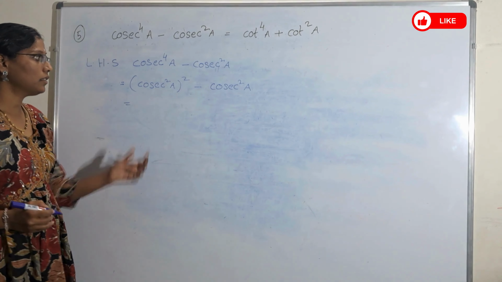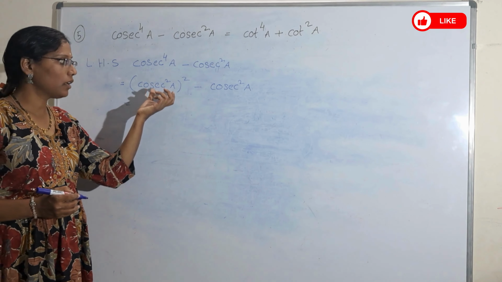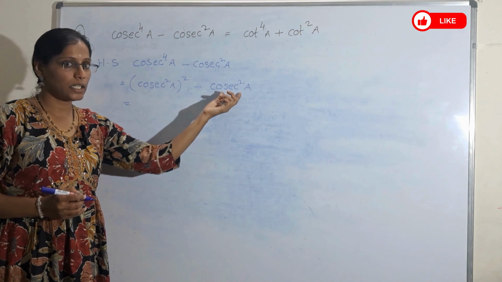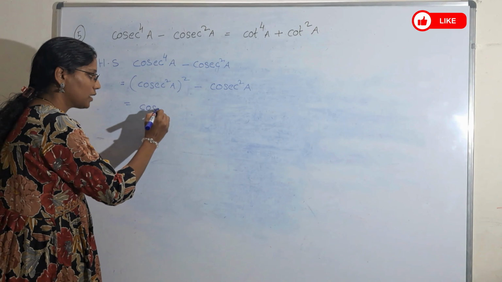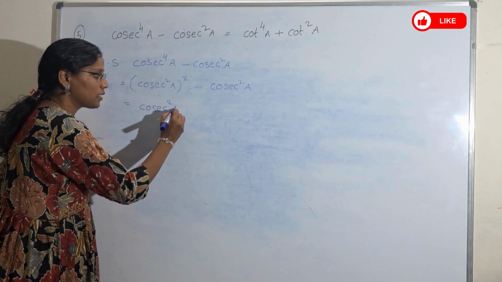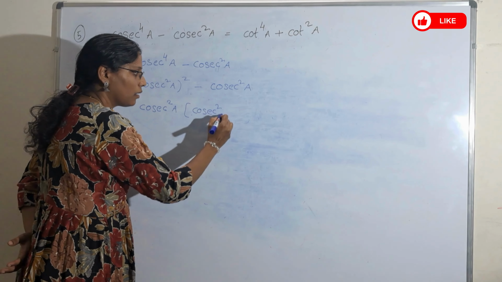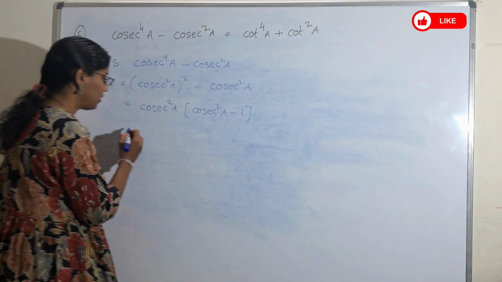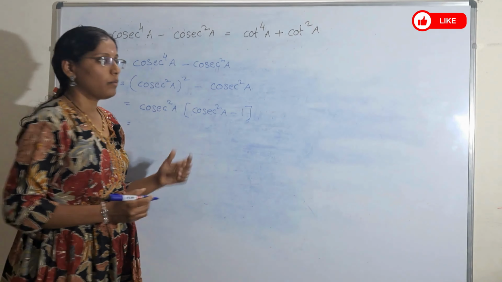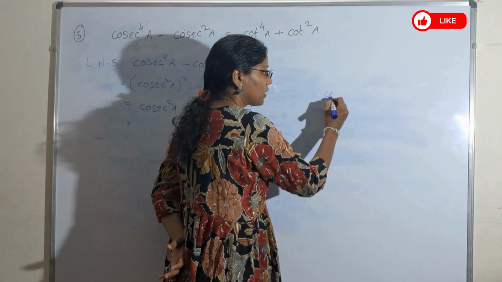What is common here? Cosecant square A appears in both terms, so cosecant square A is the common factor. Remaining is cosecant square A minus 1. What is the formula relating cosecant and cot?